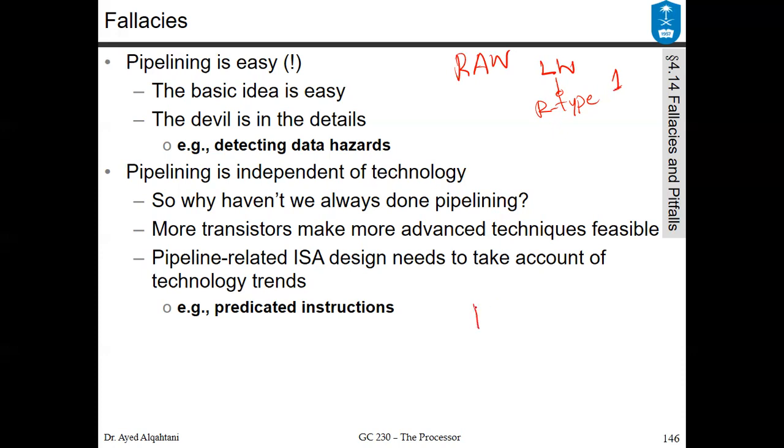For the branch, which is the control hazard, if you assume that all the calculation happens in the ID stage, then you need to add one stall right after the branch in case your prediction is wrong. So if the prediction is wrong, you need to add one stall cycle. Let me call it one nop here, and we call this one nop.